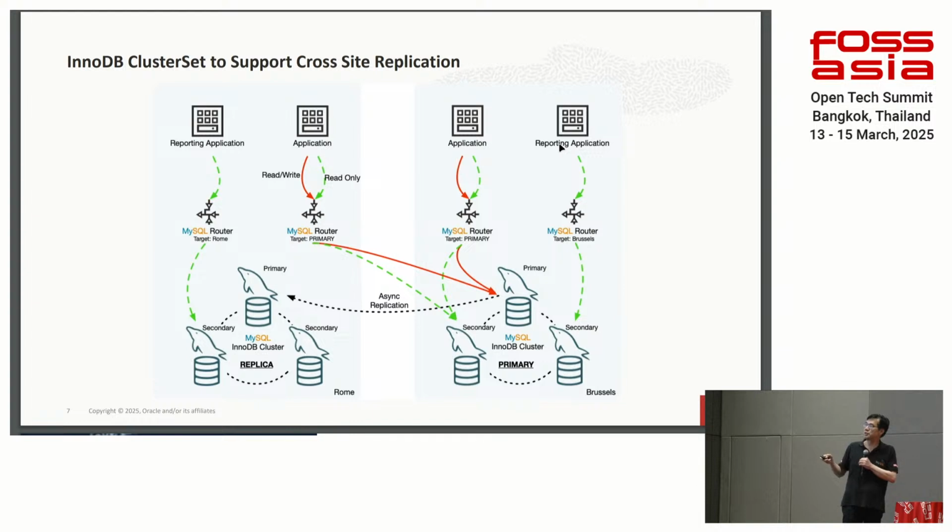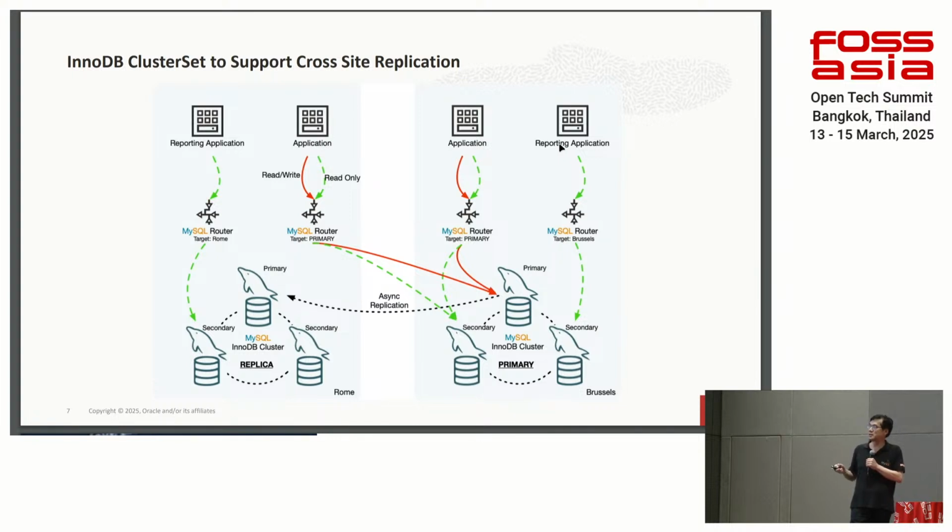So this architecture shows that there are 2 clusters. Each cluster has 3 nodes, and you can set up with InnoDB ClusterSet. You can specify which cluster is the primary cluster, and once you configure the MySQL Router with the InnoDB ClusterSet, the router will know its configuration.